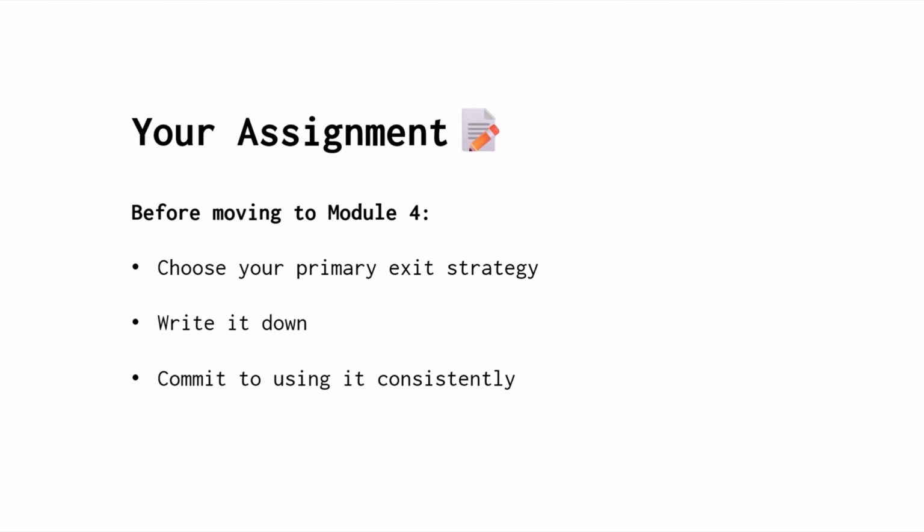Write it down and then commit to using it consistently. Remember, your goal is to master this. And then practice identifying the exit signals on our charts. In module 4, our final module, we will show you how to choose your trading time frame. We will discuss some common mistakes and we will offer some troubleshooting tips to wrap it all up.